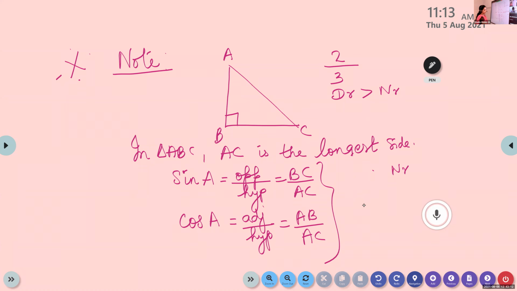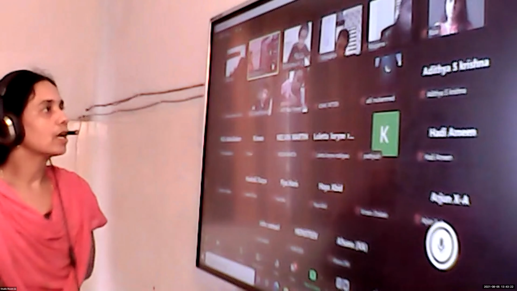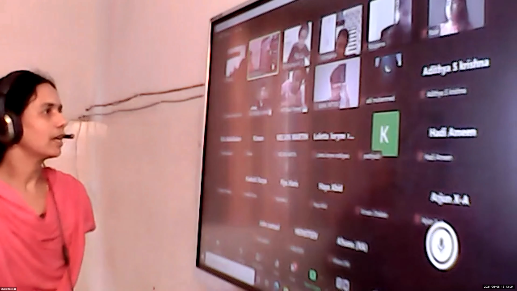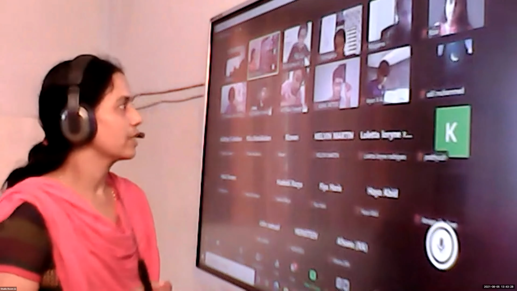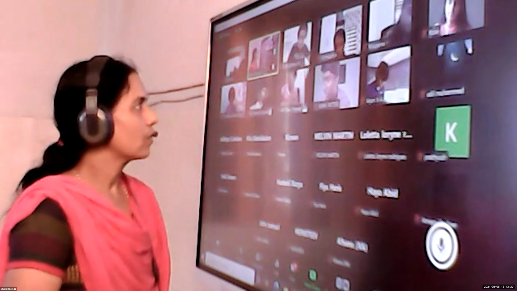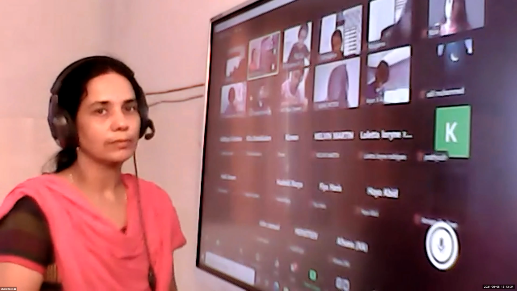Write down that one. Ashik, note down this point. It's an important one. The value of sin A or cos A is less than or equal to 1.